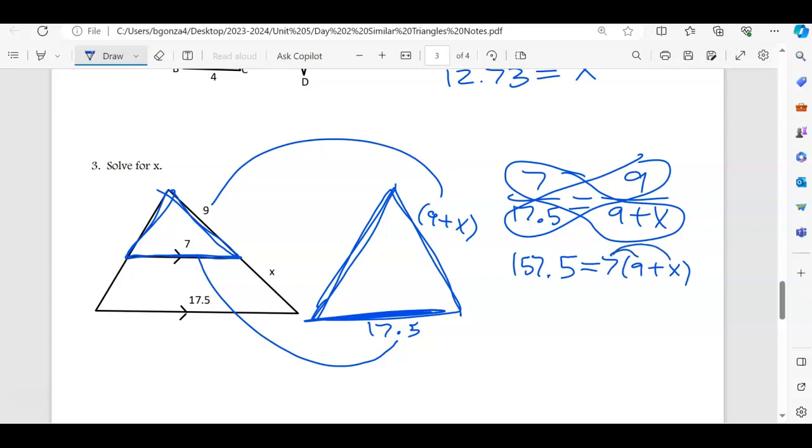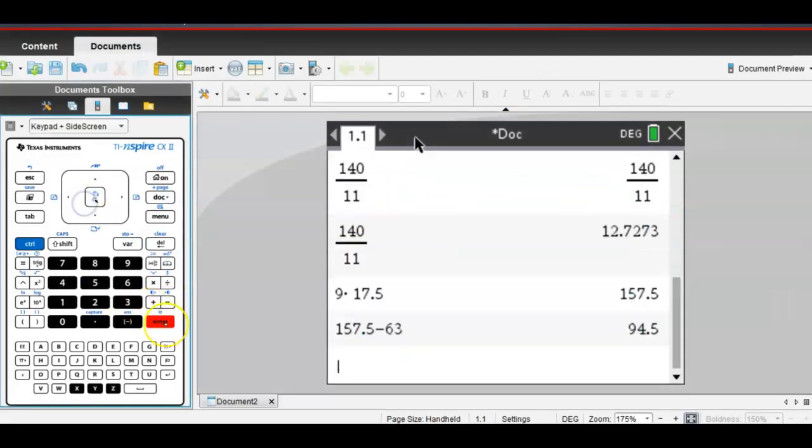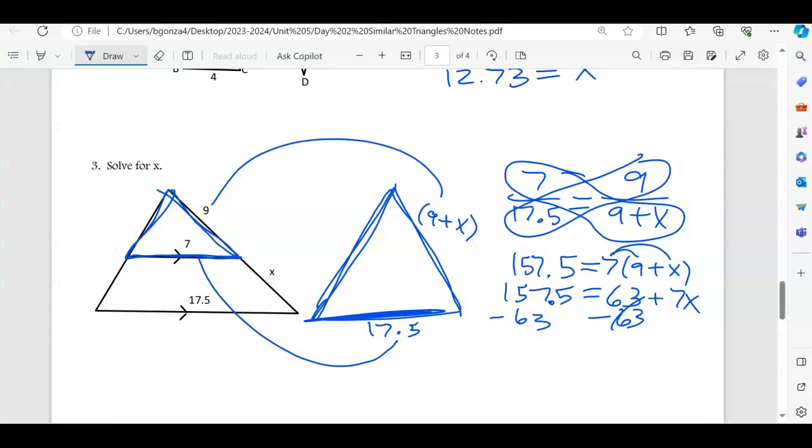I'm going to distribute the 7. 7 times 9 is 63. 7 times x is 7x. Bring down 157.5. And then we get rid of the loner 63. Minus 63 gives you 94.5.